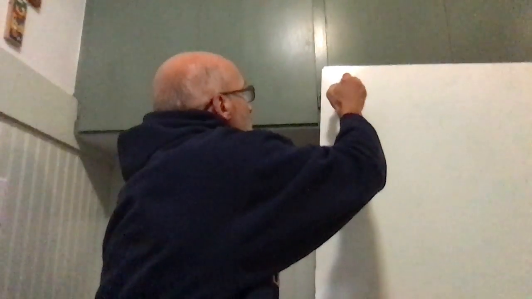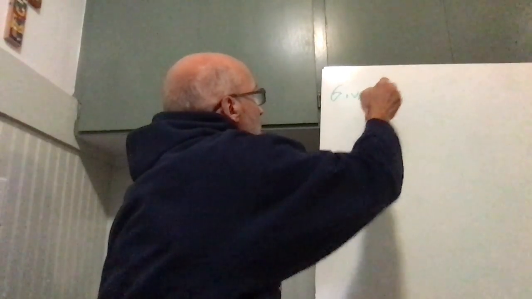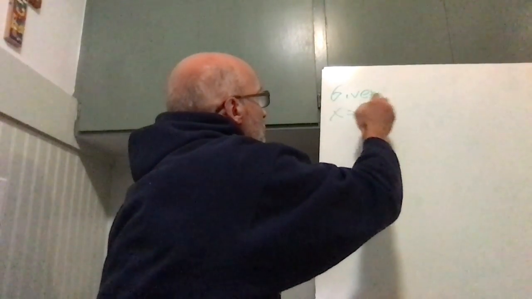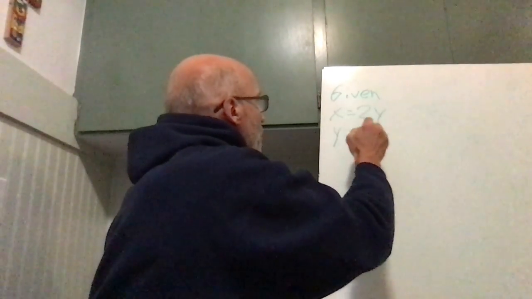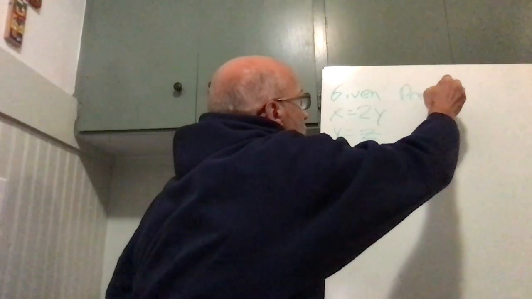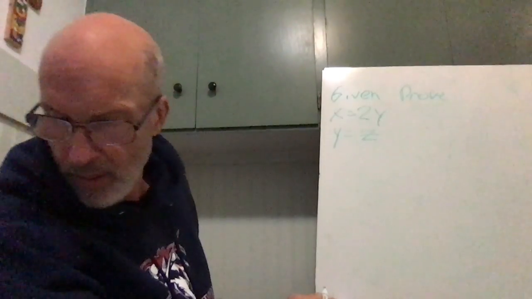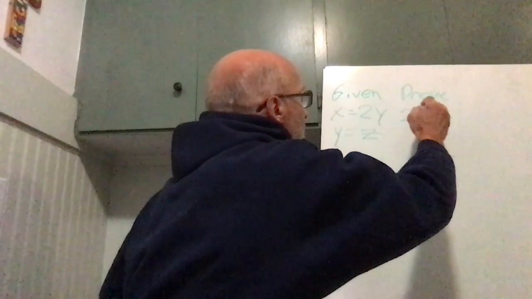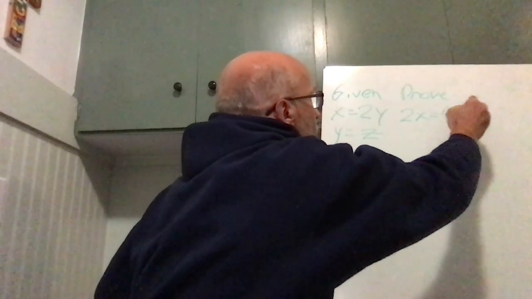Here's my first one I'm going to give you. Let's say that given x equals 2y and y equals z, prove 2x equals 4z.